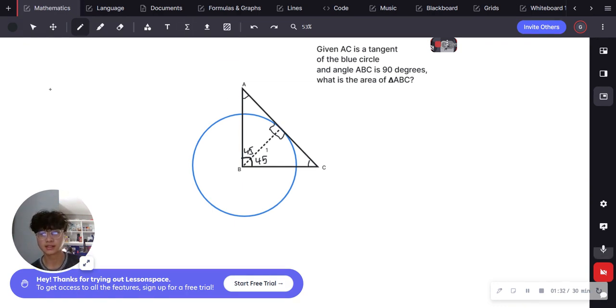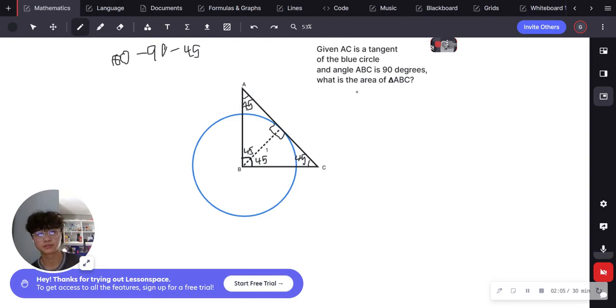And the rule is that the interior angles of a triangle add up to 180. So that will be 180 minus 90 minus 45. And so angle A is 45. And angle C is also 45, since these two triangles are the same.